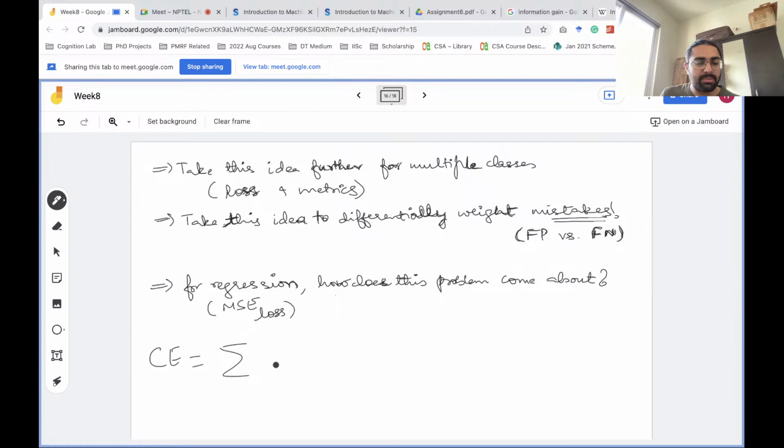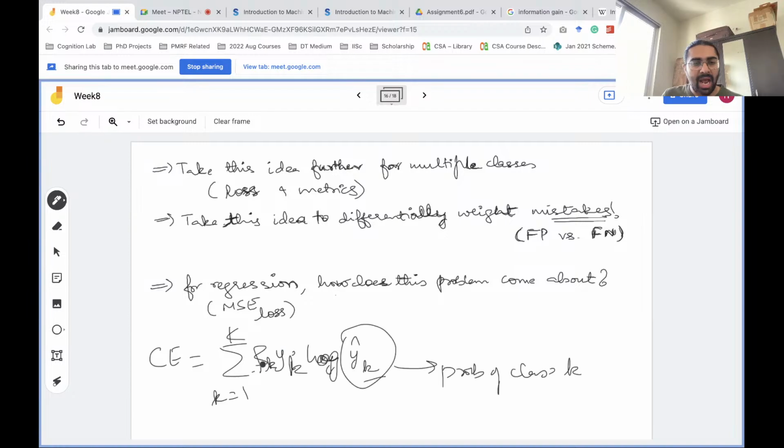Based on which class has what sort of distribution, we can actually give different weights for each class here. So we say beta_k, and you give a different weight for each class, to encourage the model to do better on those classes properly. So this is one way you can take it further to multiple classes.